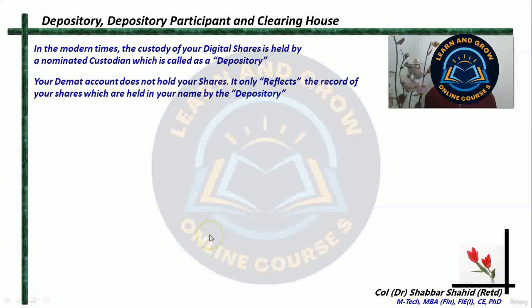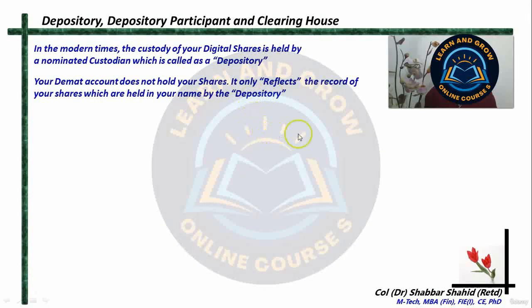All right. Your demat account does not hold any shares. The demat account is only reflecting a record of your shares which are held in the depository. You may be having more than one demat account, and each of that demat account will show the shares or the name of the companies which you have purchased in that particular demat account.